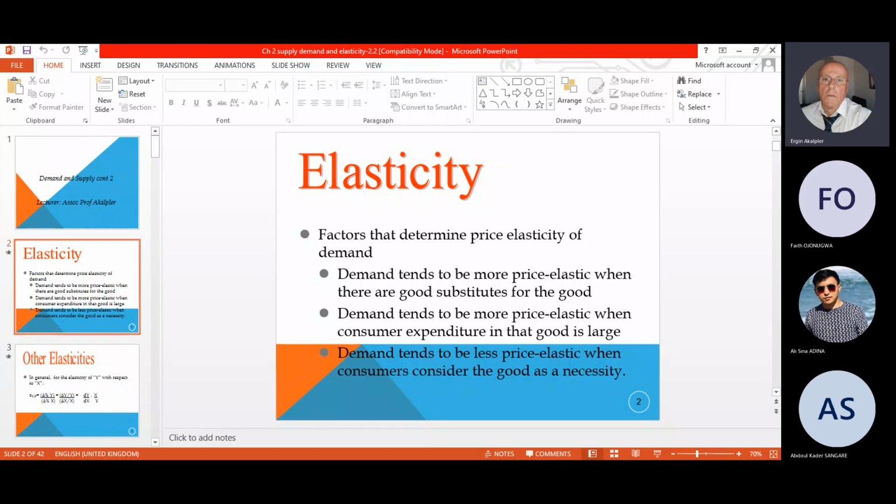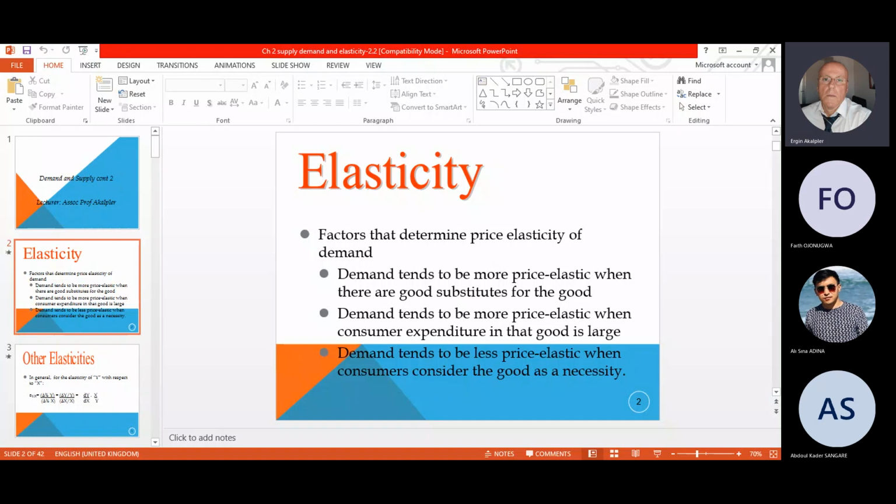Factors which determine the price elasticity of demand. We have already exercised the price elasticity of demand last lecture. We did some interpretations, and today we are going to extend the elasticity to supply and some other cross price elasticities. Demand tends to be more price elastic when there are good substitutes for the good.